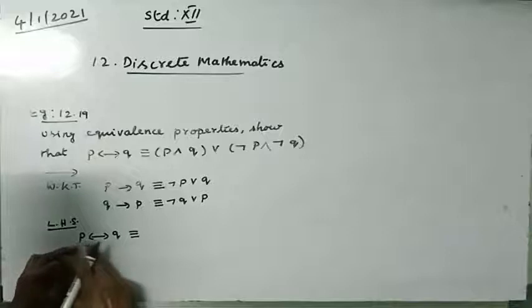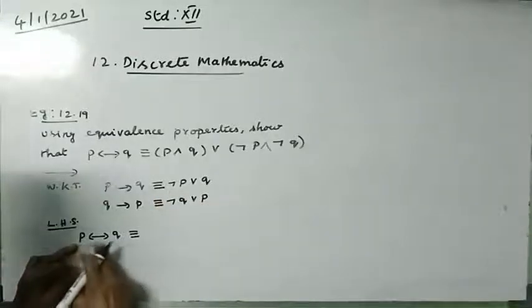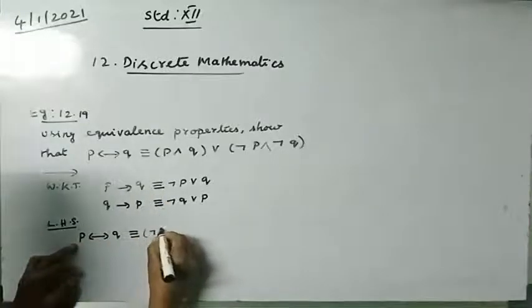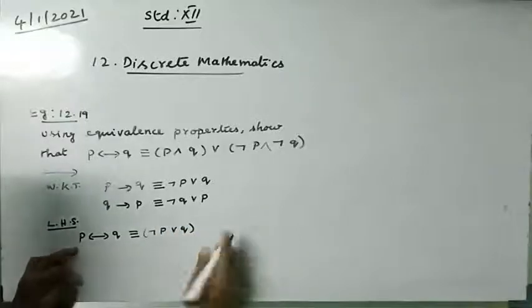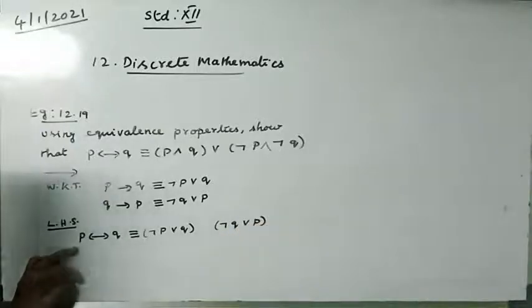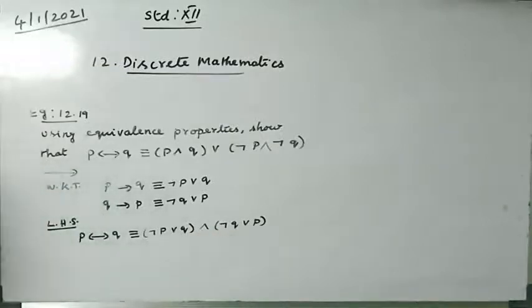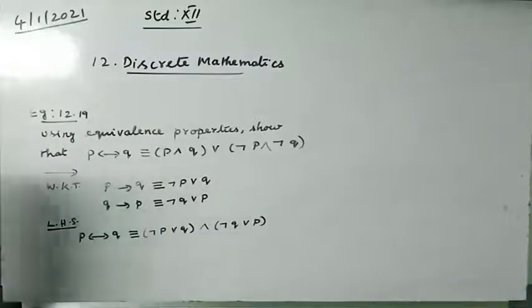So if P then Q, அப்போ இந்த ப்ராப்பர்ட்டி எனக்கு கிடைக்குது. அப்போ P implies Q, அதுக்கு பதிலா negation of P or Q. அதே மாதிரி Q implies P போடும்போது negation of Q or P கிடைக்குது. இந்த ரெண்டையும் intersect, that is and போட்டு எழுதிக்குவோம். So by using this result, இதை நம்ம ஃப்ரேம் பண்ணிக்கிறோம் லெஃப்ட் ஹேண்ட் சைட்ல இருந்து.